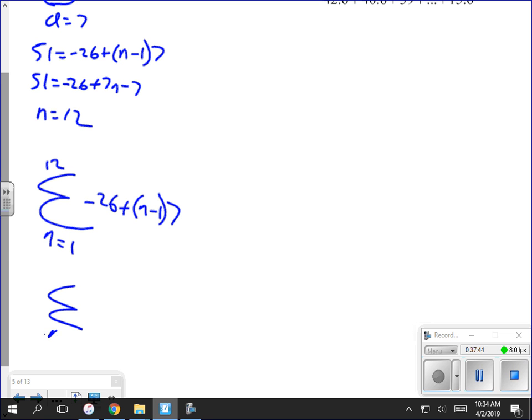I get the sum from N equals 1 to 12 of 7N minus 33. Because it's just distribute, combine like terms. 12 is the number of terms.